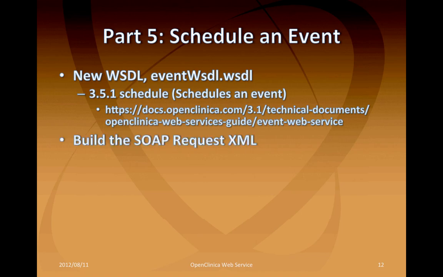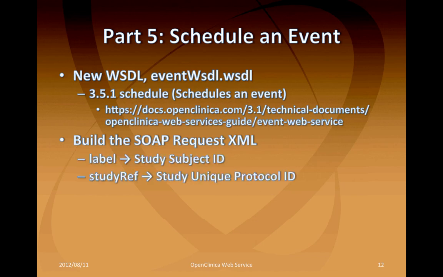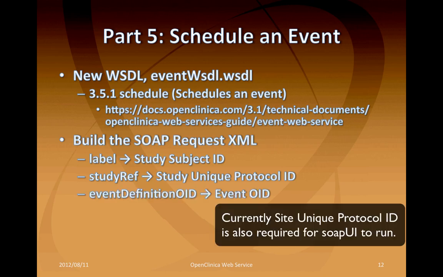Building the SOAP request XML is as usual. You must be able to do this easily by now. The required tags are study subject ID, study unique protocol ID, event OID, location, and start date. Let's begin.